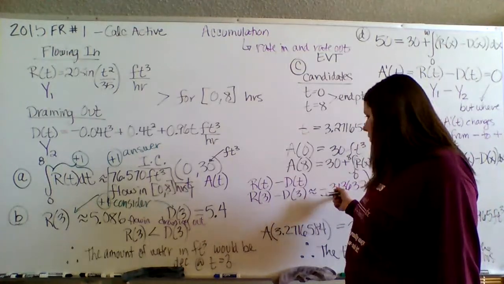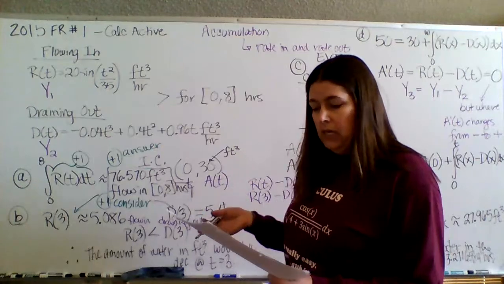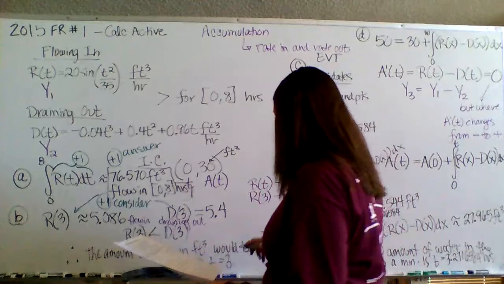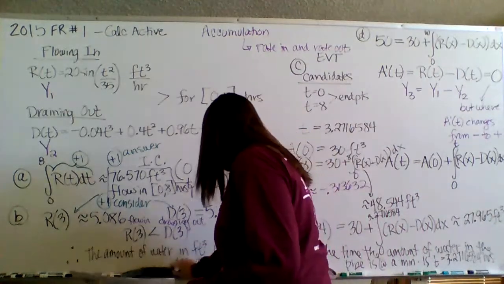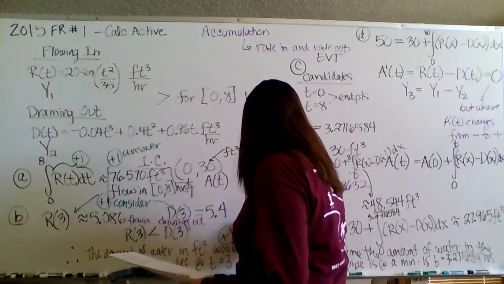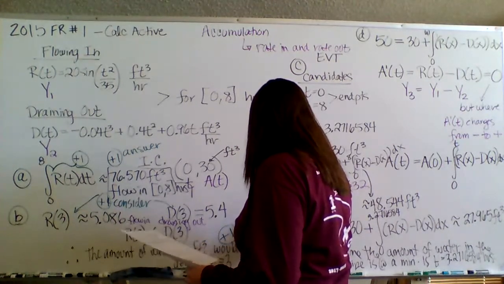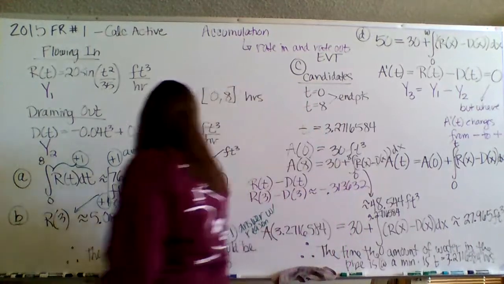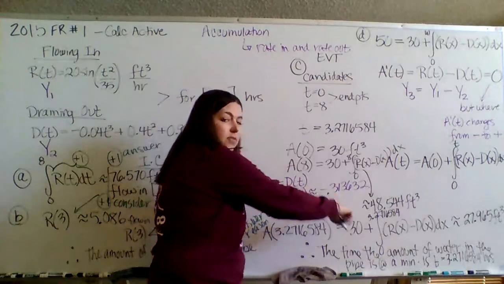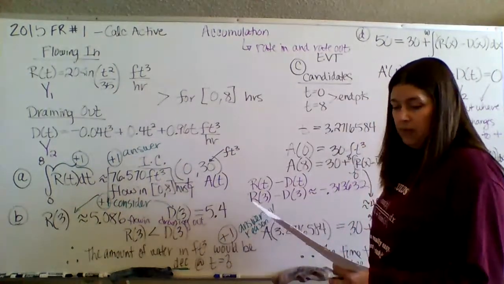If I get a negative, I know the amount of water is decreasing at that time. Or consider them individually and compare them. So the first point is that you considered those two individually. And then the second point was your answer, which would have had to be that the amount of water was decreasing at time 3, with reason. Your reason is more of, did you compare, like how I said, R of 3 is less than D of 3? Or did you get that this was negative and then come up with your conclusion? So just 2 points on part B.